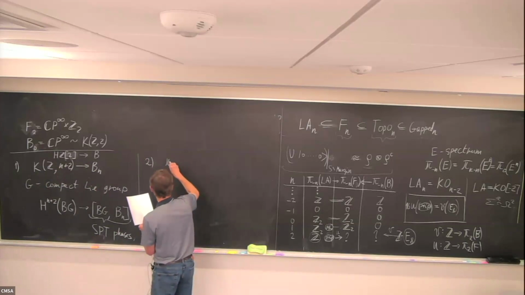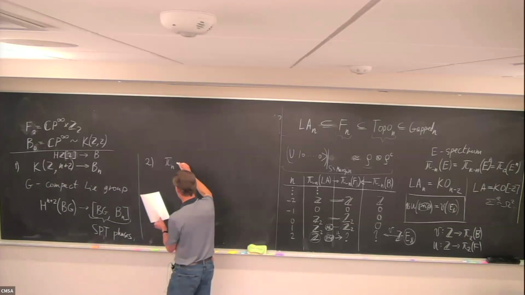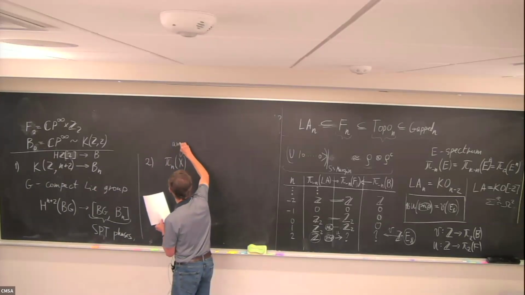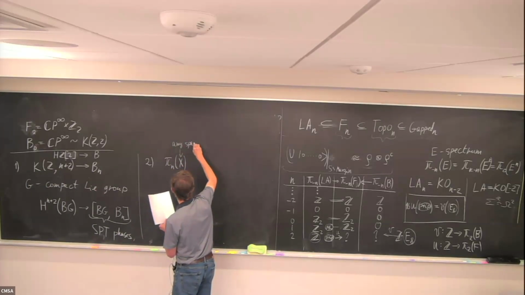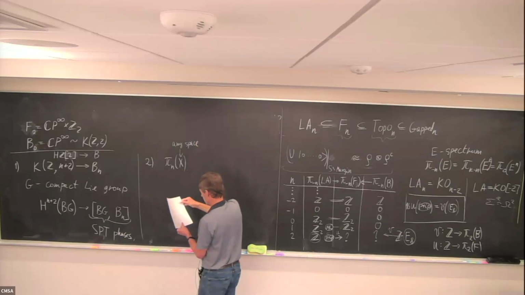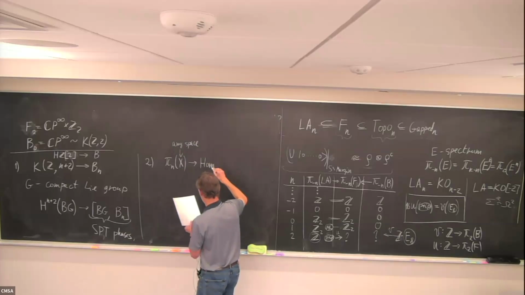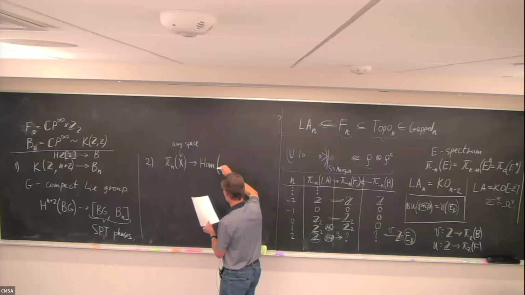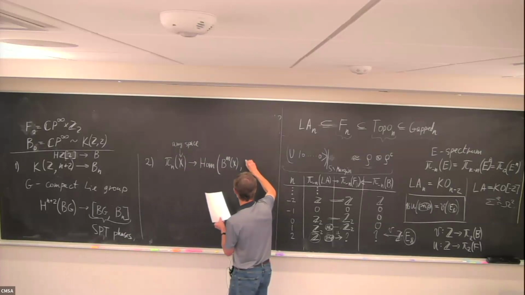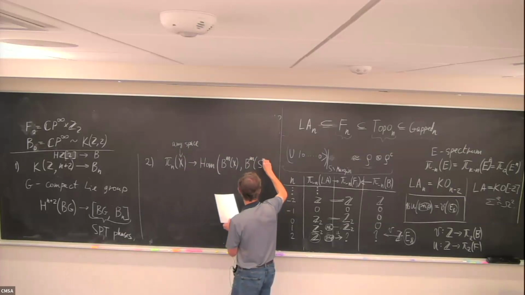We can consider a map from pi n of X, X is an arbitrary space, to Hom of Bm of X, Bm of Sn.